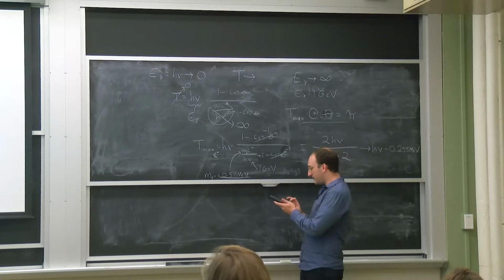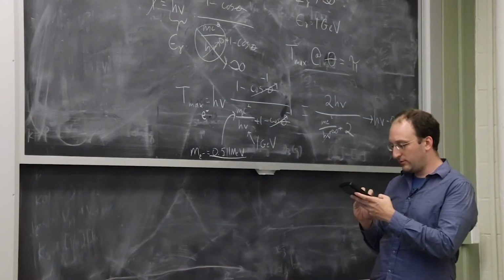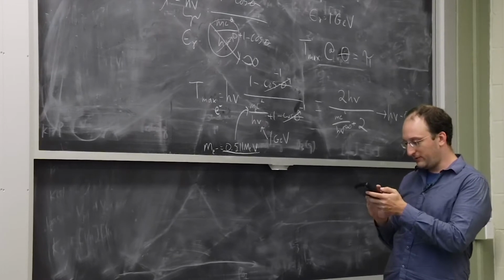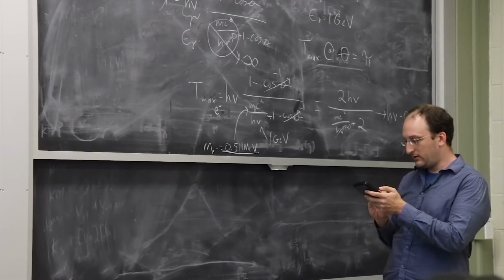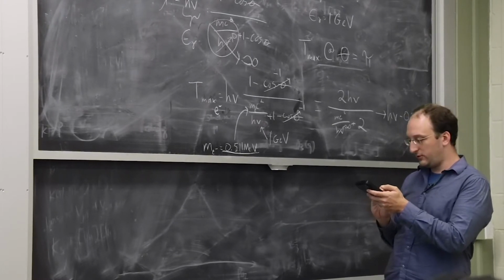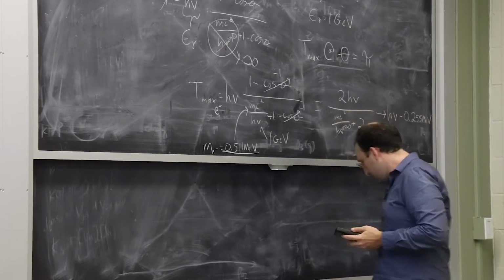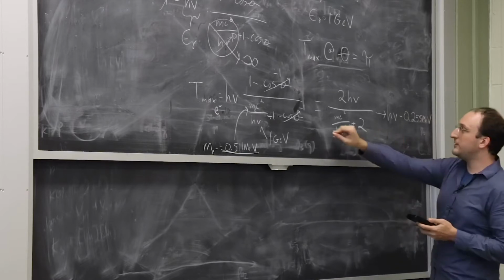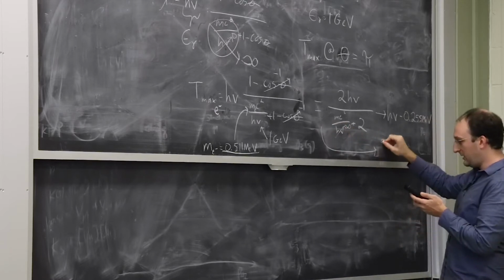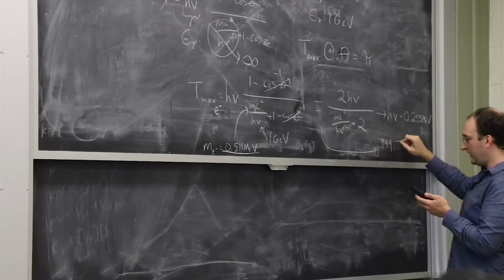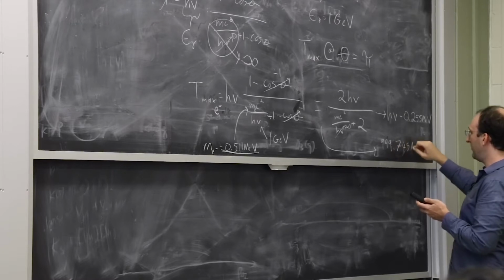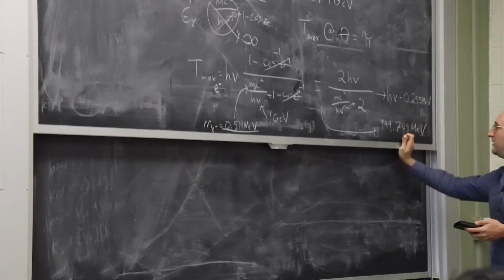So why don't I plug all this stuff in? So we have 0.511 over 1,000 plus 2, flipped over the x-axis, times 2 times h nu. And we get that T becomes 999.745 MeV.